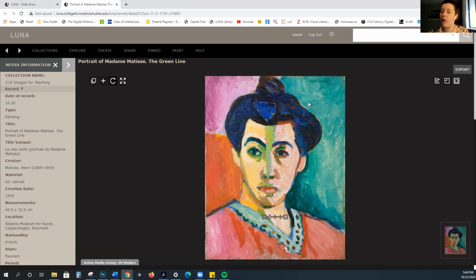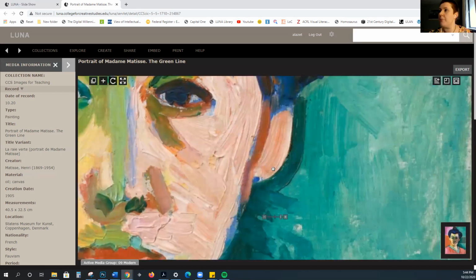The Fauve artists use color rather than being purely descriptive. They use it to convey expression and emotional affect. The Fauve artists are typically characterized by violent, anti-natural use of strong color. These colors are often applied unmixed and straight from the tube.